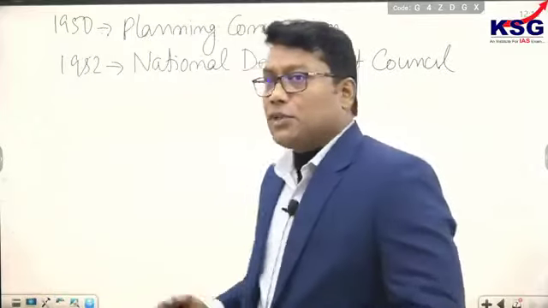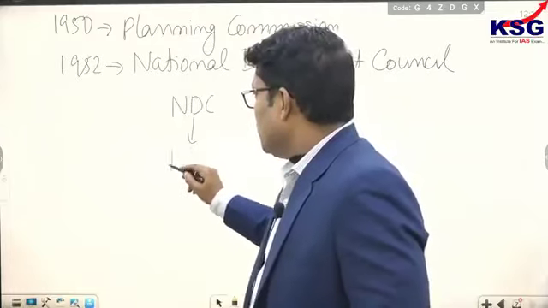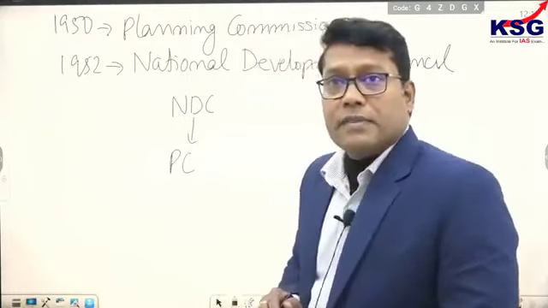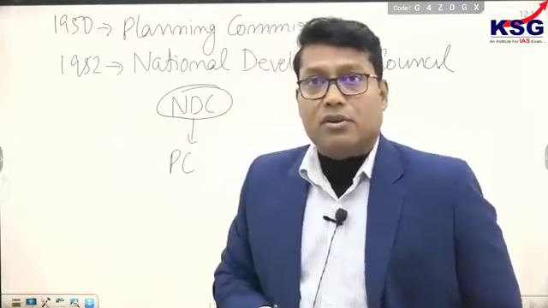When the NDC was constituted, it was decided that the Planning Commission would work under the NDC. So the highest decision making body became the NDC, the National Development Council.